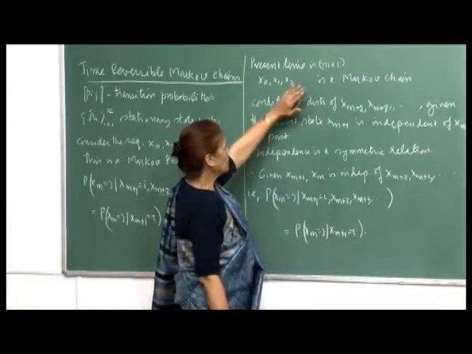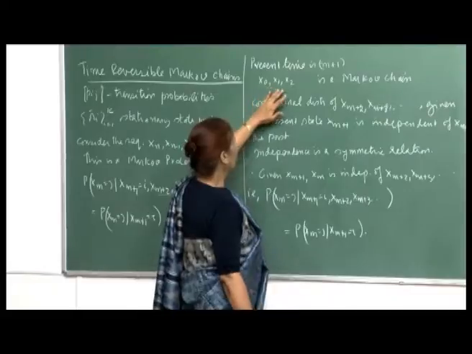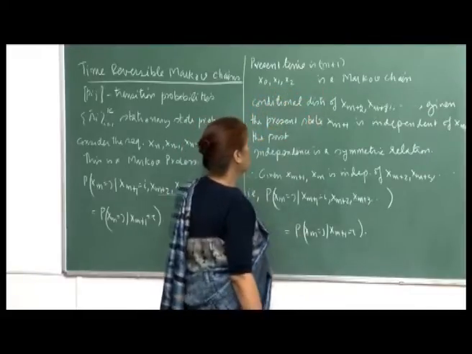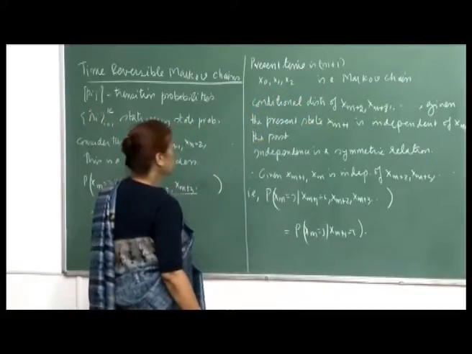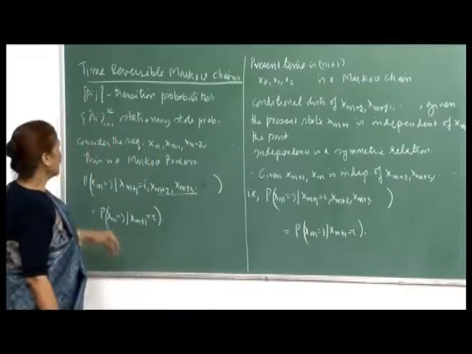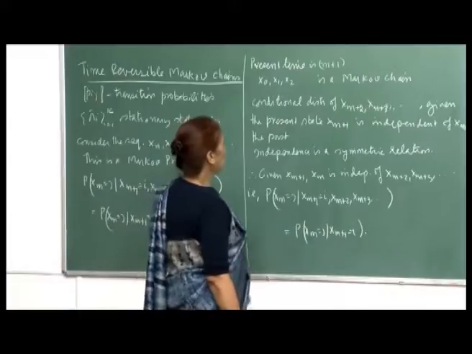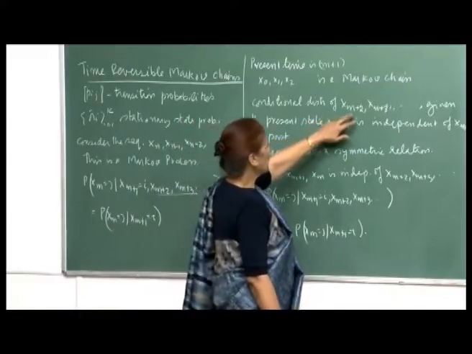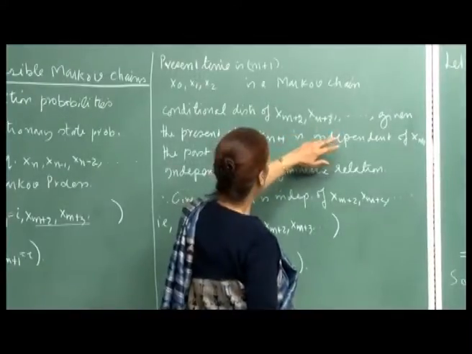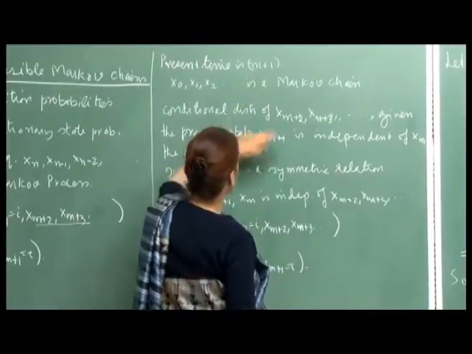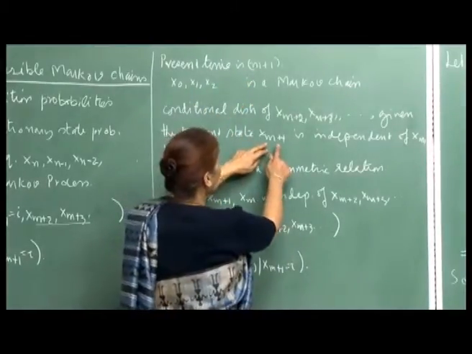The present time is m plus 1, and we are given that x naught, x 1, x 2, and so on is a Markov chain, as I said, and the corresponding transition probabilities are p i j's, and the pi i's are the stationary probabilities. Now, consider the conditional distribution of x m plus 2, x m plus 3, and so on, given the present state x m plus 1.